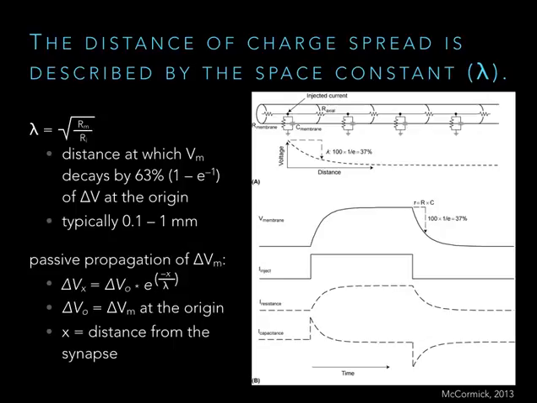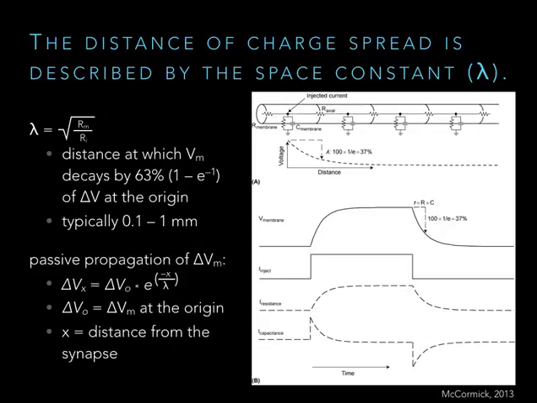Whenever we're generating electrical potentials, these are going to move in all directions in the cell, and they're going to move depending on the space constant, but also on the time constant. You should understand what capacitance is as a general concept. You should understand the difference between membrane resistance and internal resistance and how these two things work together to affect the movement of charge.